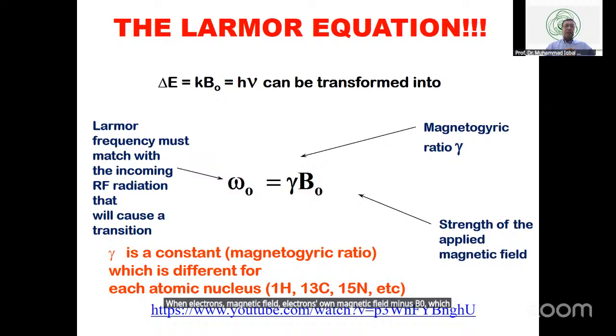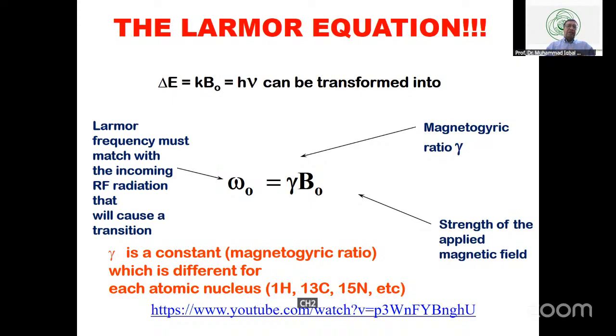As a result, Larmor frequency, for instance in ethanol, alcohol, is going to be 3 different Larmor frequencies, for CH3, CH2, and OH. Because the B effective for CH3 is different.